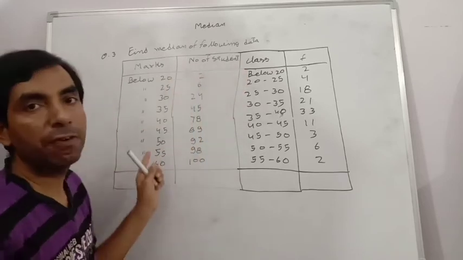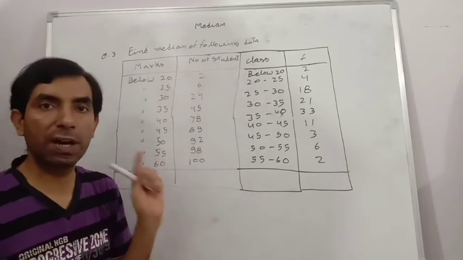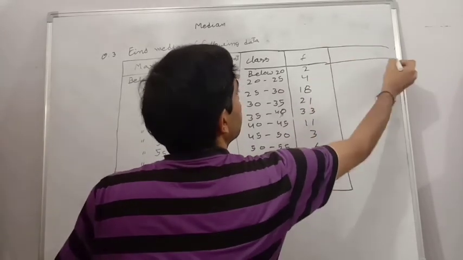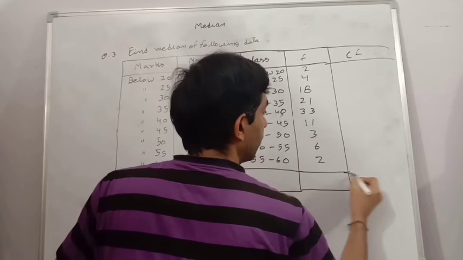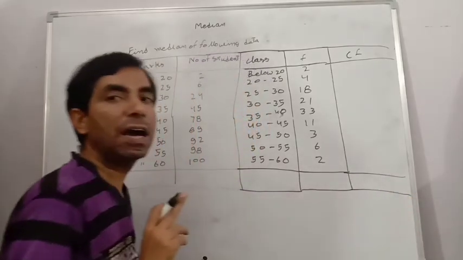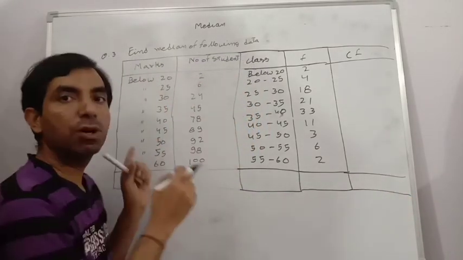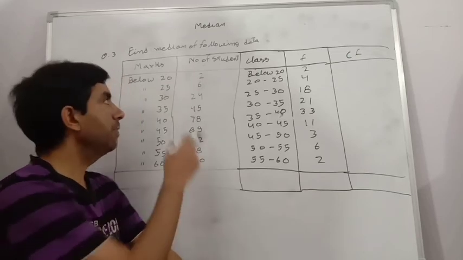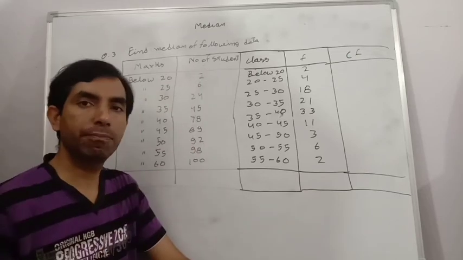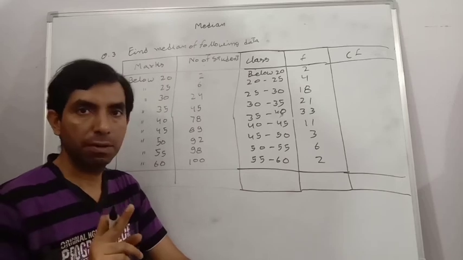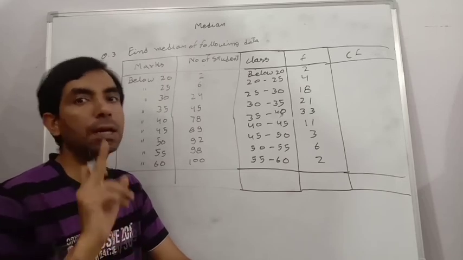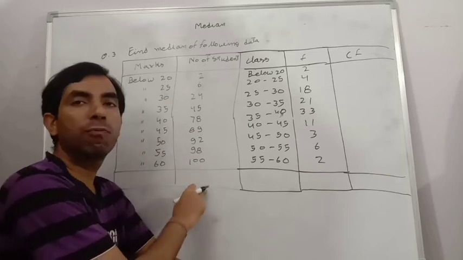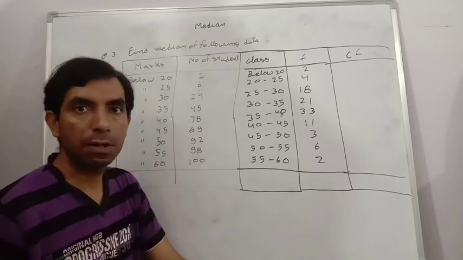Here first we have found the class interval and frequency for finding the median. Now we find the cumulative frequency, meaning CF. Here CF is the same as this number because here we are using below. For below and less than type, the cumulative frequency and these numbers are the same, but in more than type the cumulative frequency and this number are not the same because that time it will come from the end of the table.